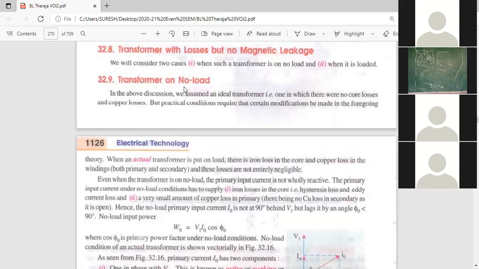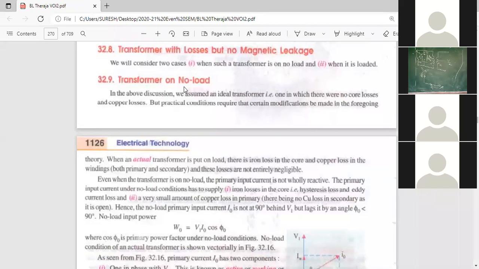Now I will take the current IE on the y-axis, at 90 degrees. If it is pure inductance, the angle in between the resistance and inductance is 90 degrees. And V1, where will you take V1? On the y-axis.